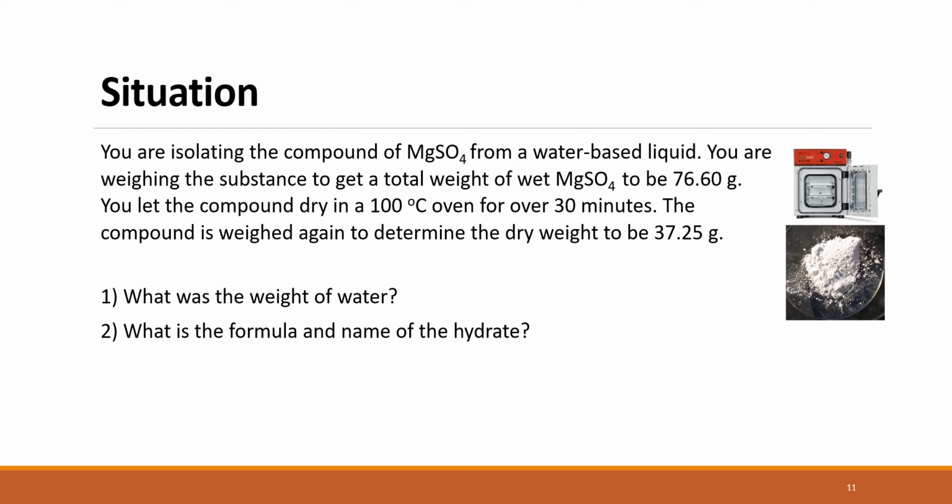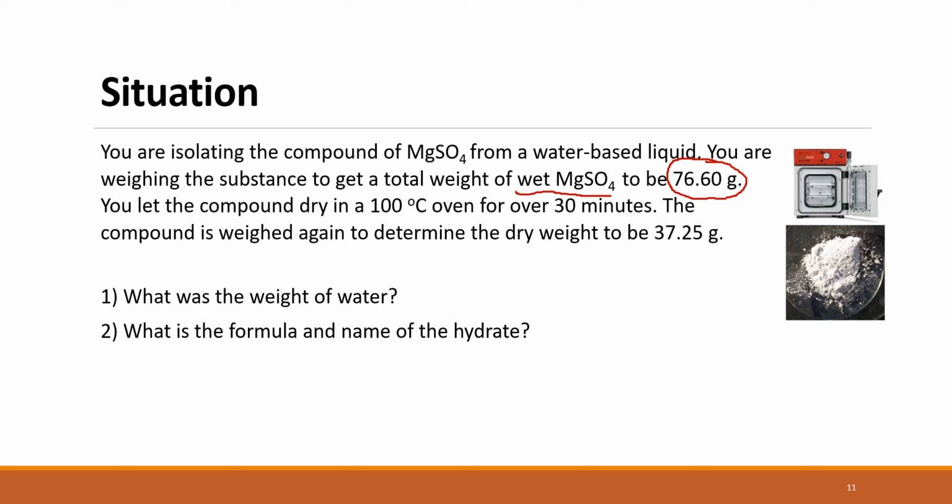So in this example problem, it says you're isolating a compound of magnesium sulfate from a water-based liquid. You are weighing the substance to get a total weight of wet. So this wet magnesium sulfate, that is the magnesium sulfate with the water in it, 76.60 grams.